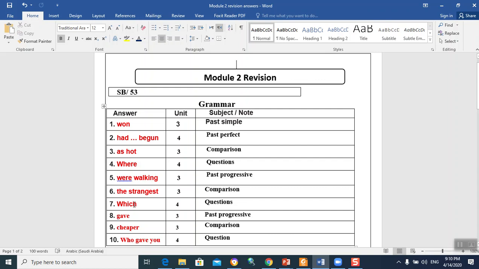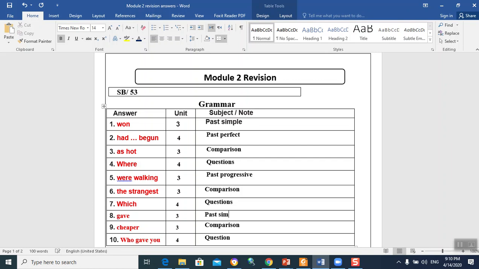You go to unit 3 to read about comparison. Number 7, which, question word, it is unit 4, and it is questions, how you form questions. Number 8, gave, it is unit 3, it should be past simple, not past progressive. Past simple.